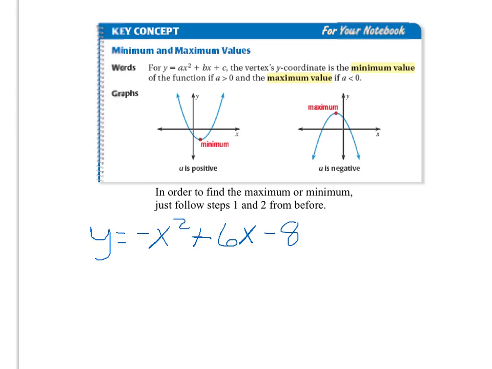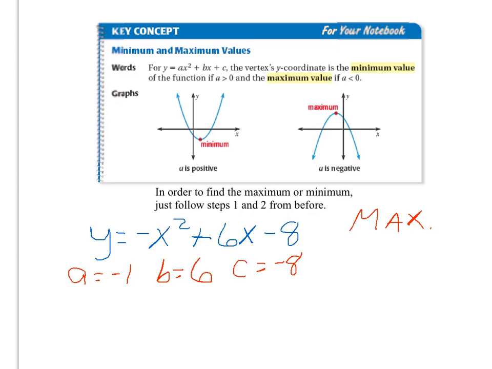So if we go back to the equation we just got done working with, y equals negative x squared plus 6x minus 8, we can notice right here that a is negative, so we automatically know that we will have a maximum. Now, all we really need to do is figure out what that maximum is. So again, we just follow steps 1 and 2 from before, where we identify a, b, and c. So a will be negative 1, b will be 6, c will be negative 8.